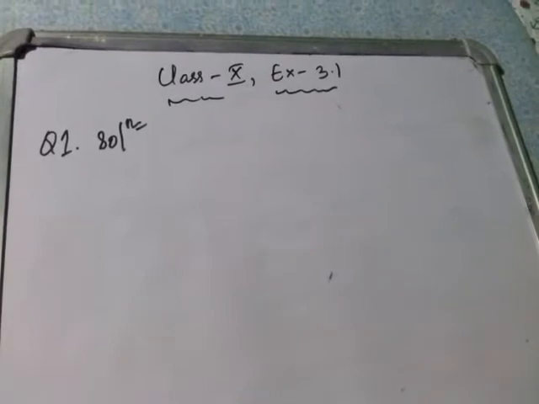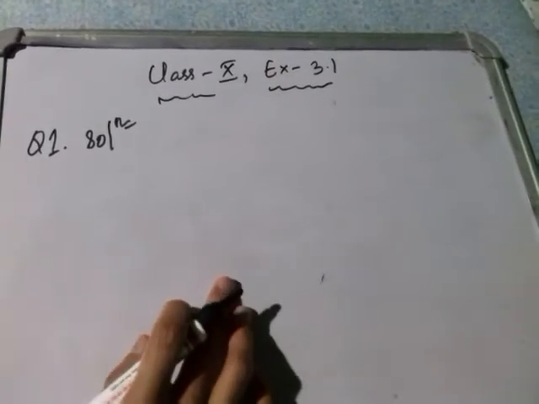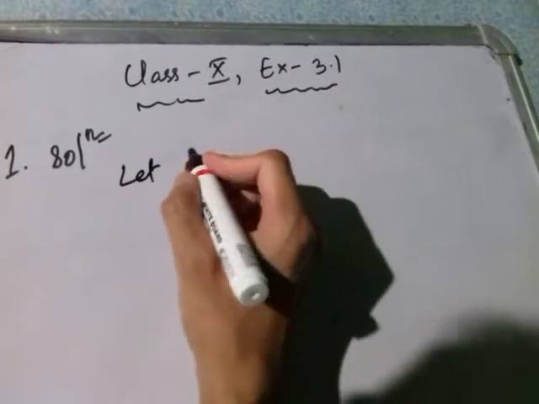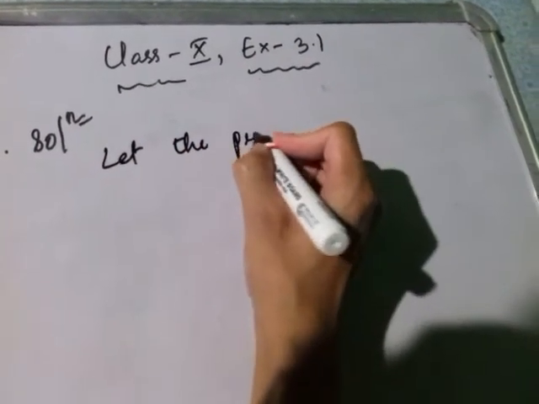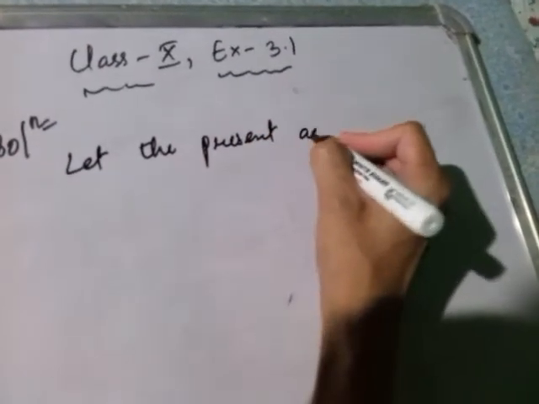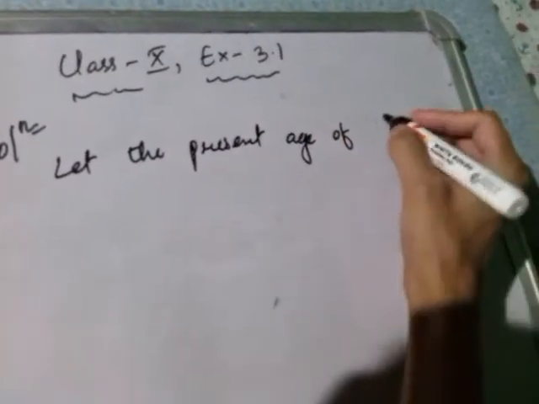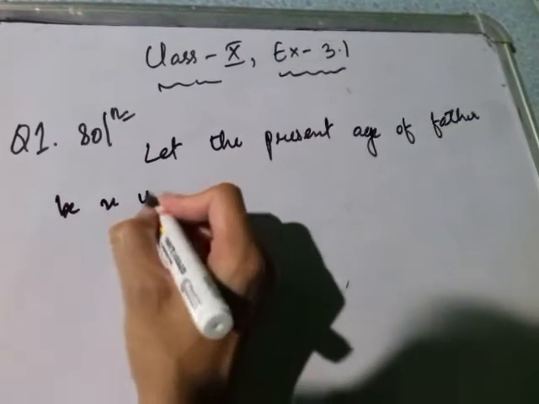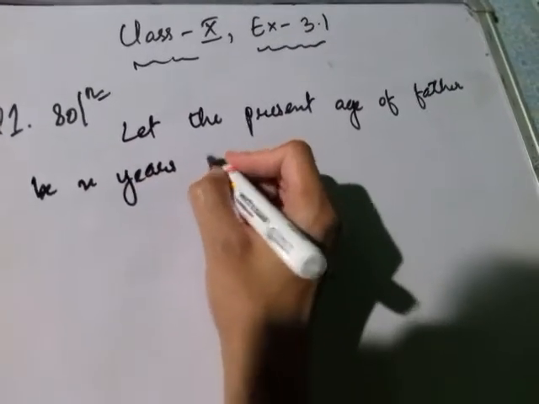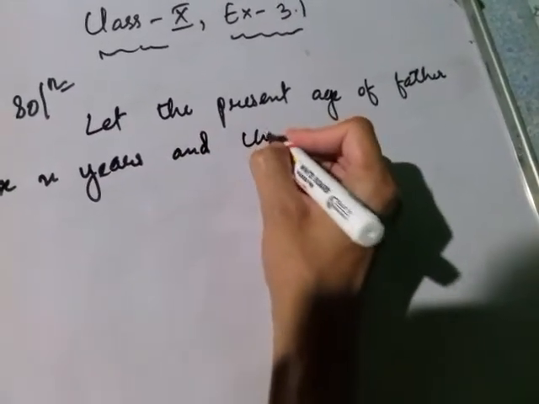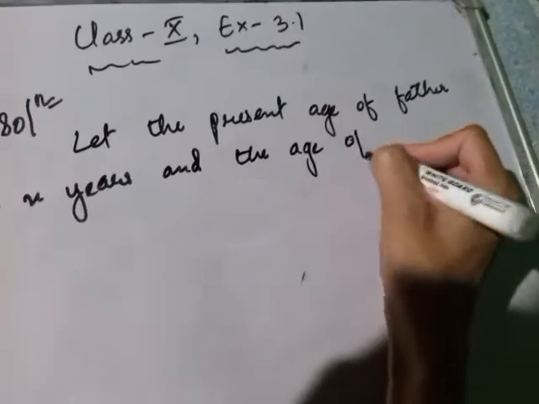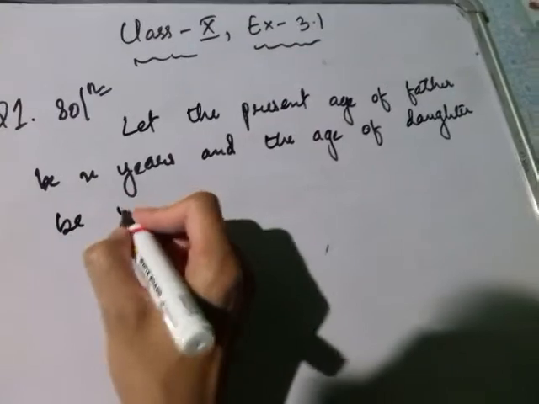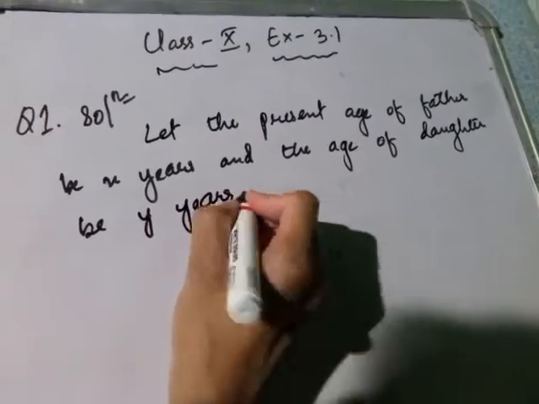So we will represent this by letting the present age of father be X years and the age of daughter be Y years. Okay, so we will represent it like this.